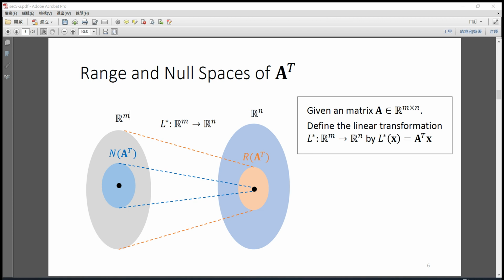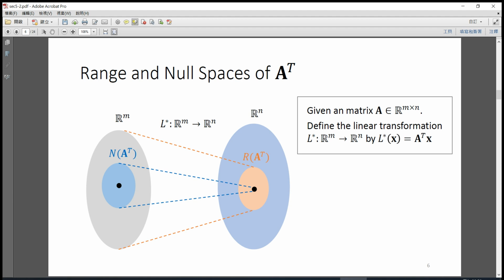Next, we use the figure in this slide to revisit the definition of the range space and the null space of A transpose. Given a matrix A of dimension m times n, we define a linear transformation L star of x as A transpose times x.